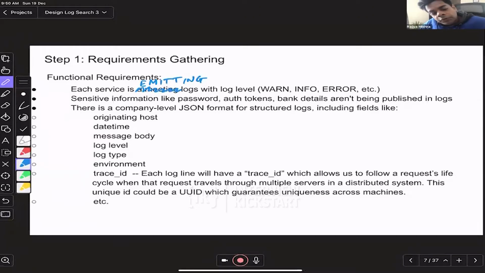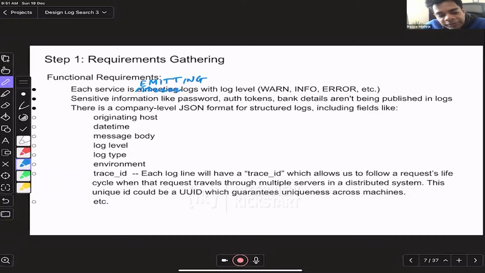Okay. So this JSON format, we all know what a JSON format is, right? If we think logically, it should have an originating host, that is, from which server this log message came, what was the timestamp, what was the actual log message, what was the level, what was the type, what was the environment, because the logs could be coming from production, from staging, from beta environment.